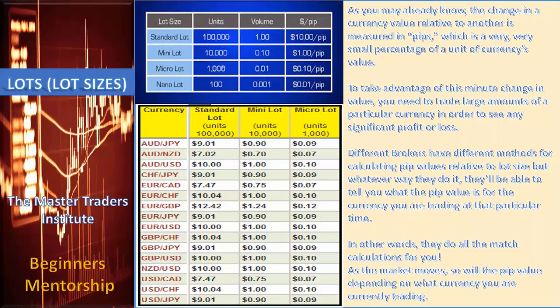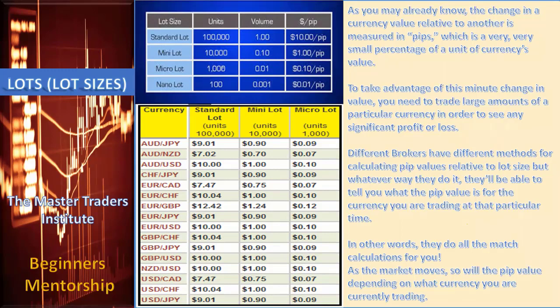So when you trade on the micro lot, which is 0.01, that is the smallest lot size you can use for any broker. If you trade that, what it means is that for every single pip the market moves, you make 10 cents. So if the market moves 10 pips, you make $1. If the market moves 20 pips, you make $2.